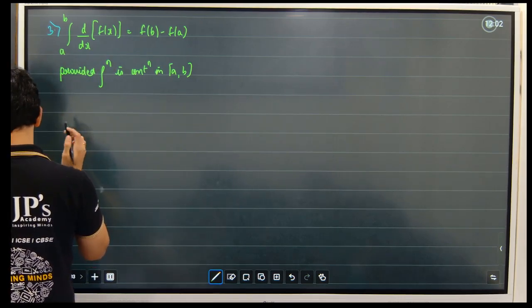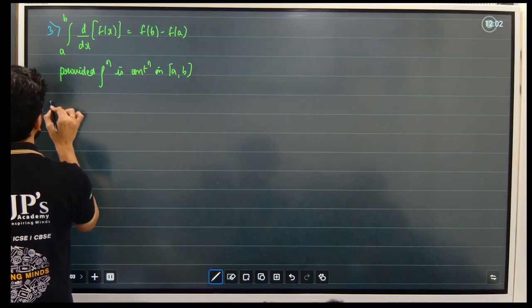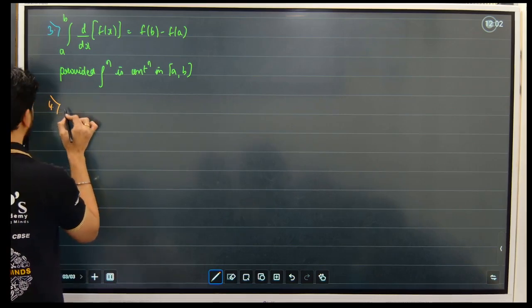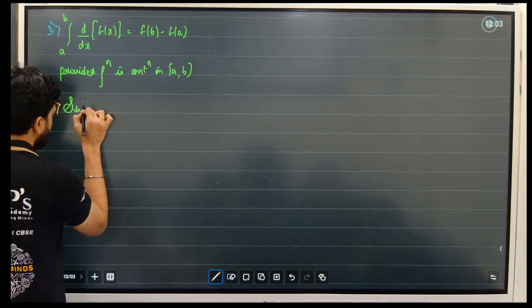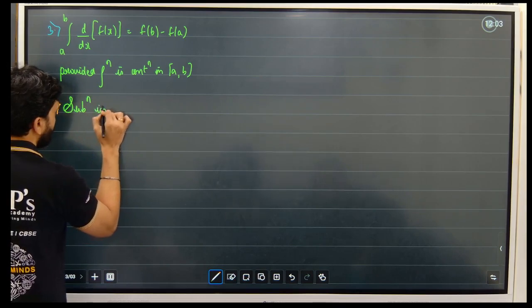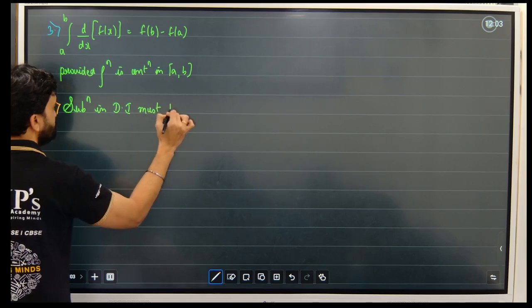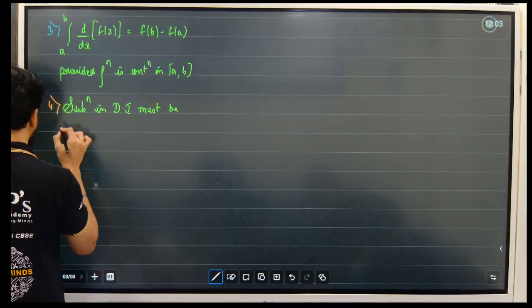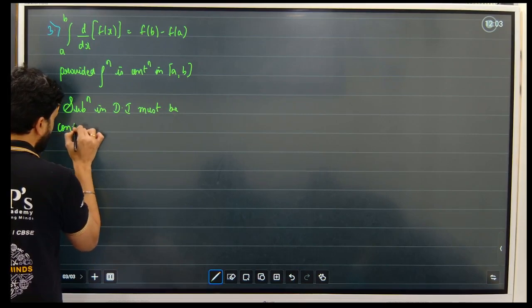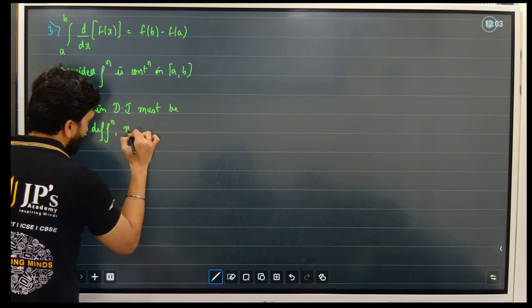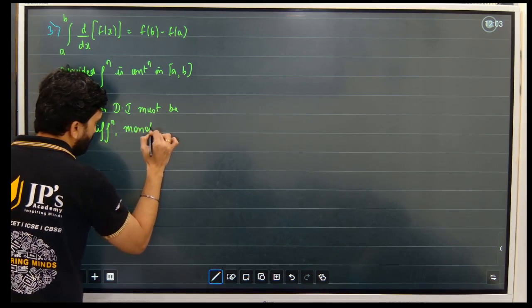Okay, next, fourth point, substitution in definite integration must be continuous, differentiable and monotonic.